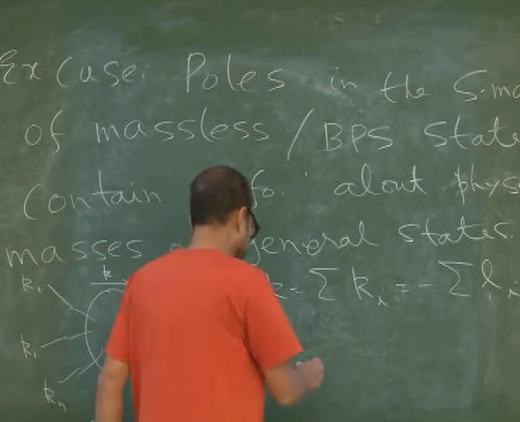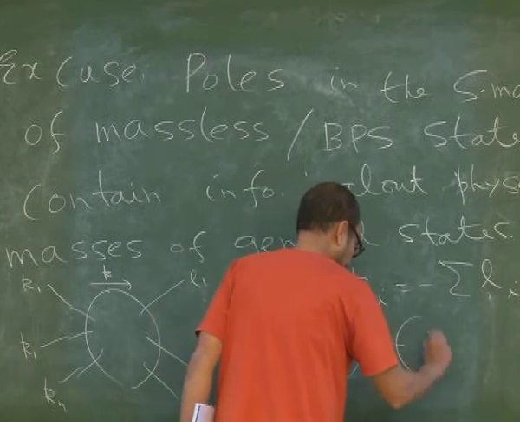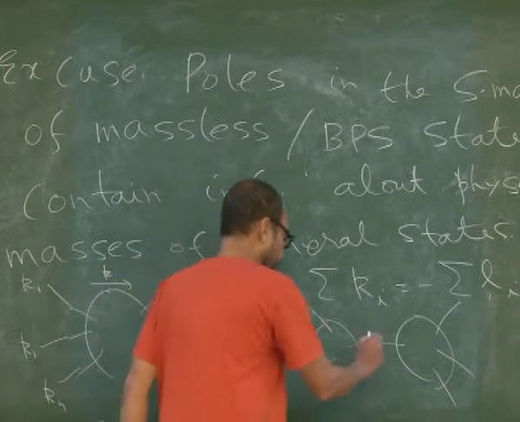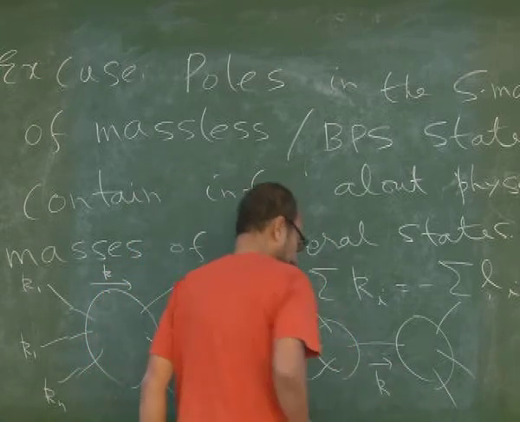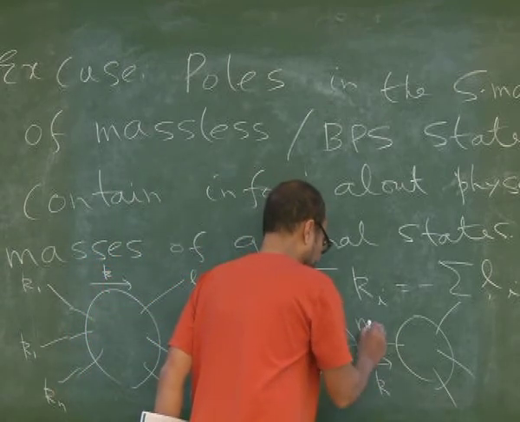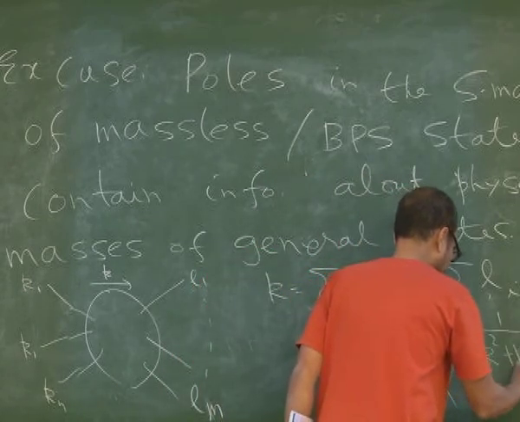So the poles will come from a factorized S matrix like this, where the momentum flowing here is k, and if the physical mass of the state along this channel is m_AIP, then this will give a pole of the form 1 over k squared plus m_AIP squared.